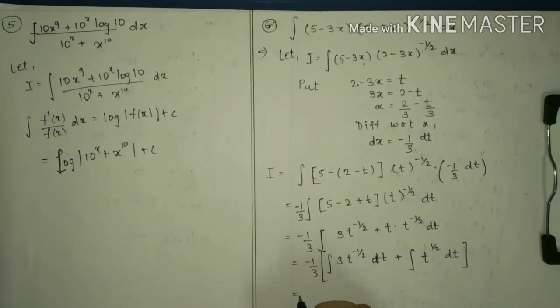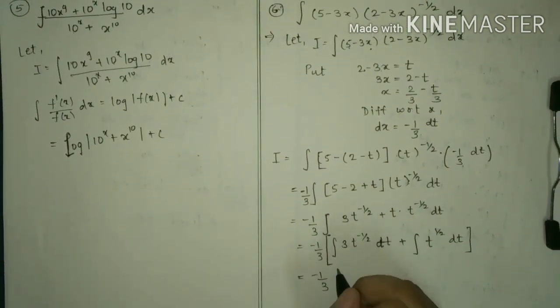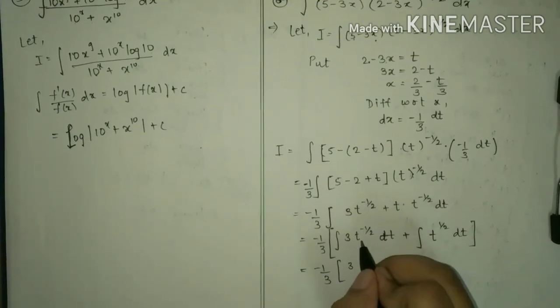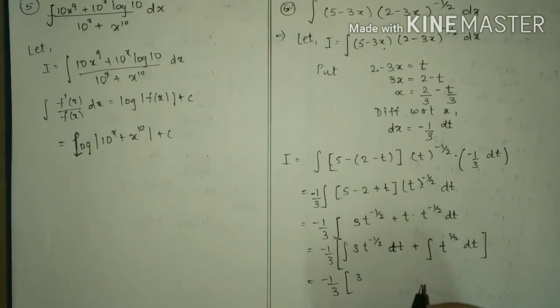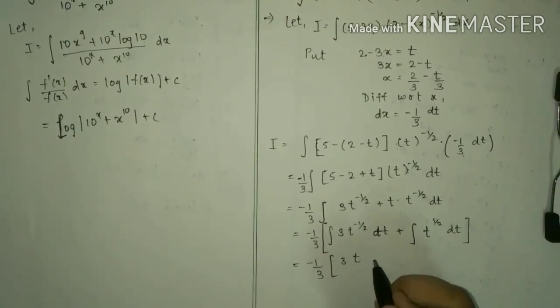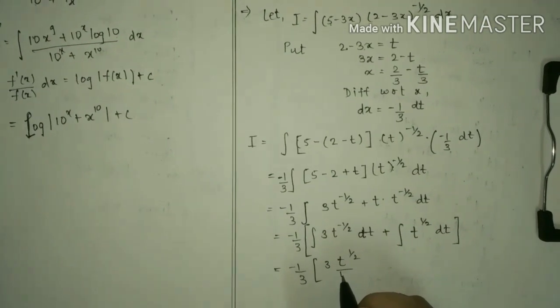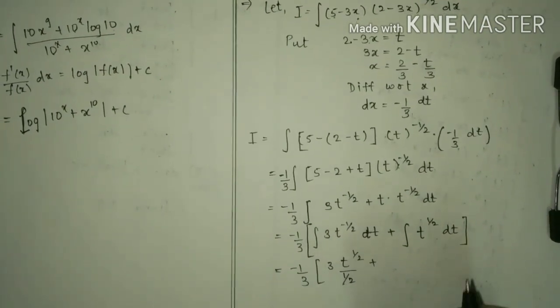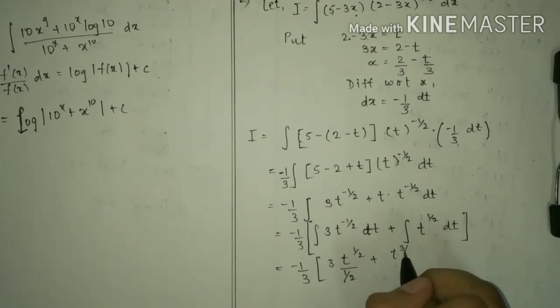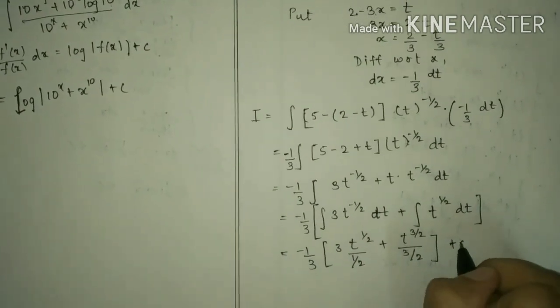So here we go for integration ahead, minus 1 by 3, constant, and the x raised to n formula we have to apply, that is x raised to n plus 1. So t raised to minus half plus 1 is half, upon half, and half plus 1 is 3 by 2, t raised to 3 by 2 upon 3 by 2, plus c.